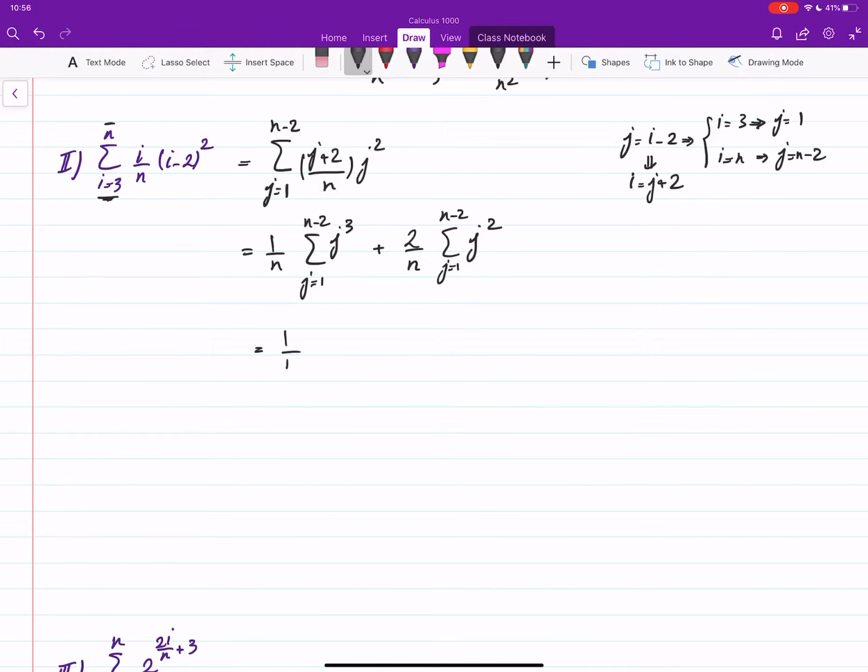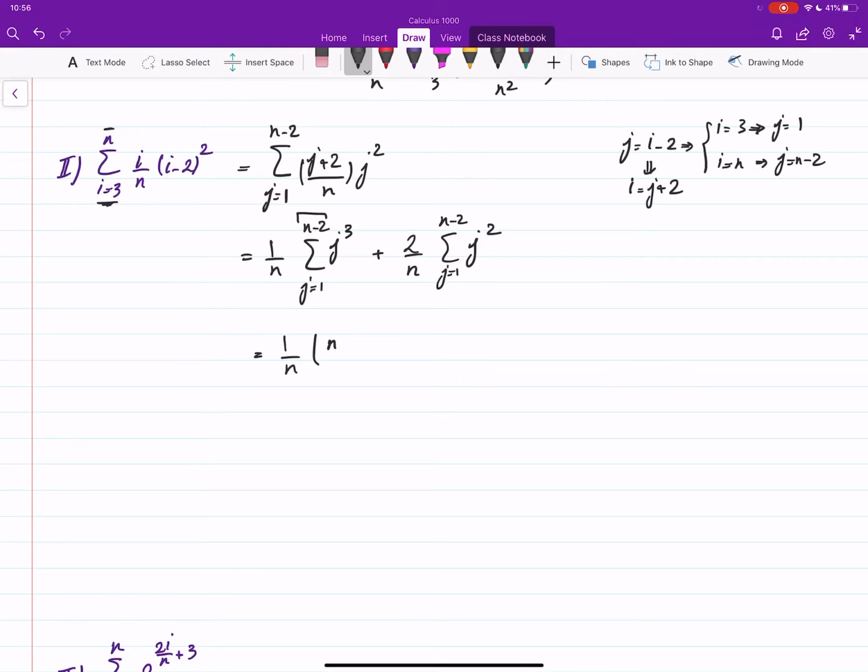Now we have the formulas. The sum of cubes of the integers from 1 to n is n squared times (n plus 1) squared over 4. But this goes up to n minus 2. So it will be (n minus 2) squared times (n minus 2 plus 1) squared over 4, plus 2 over n, the sum of j squared, j going from 1 to n minus 2.